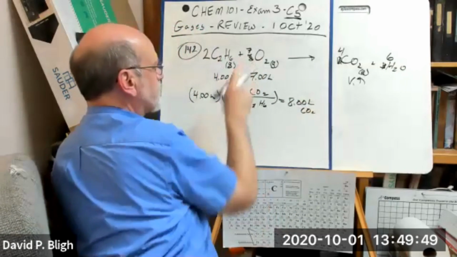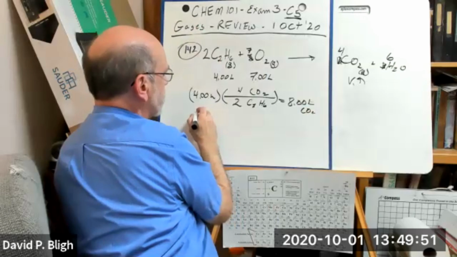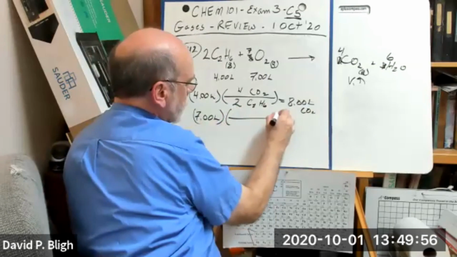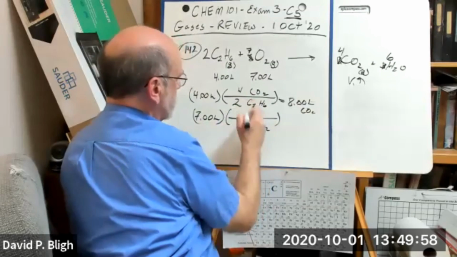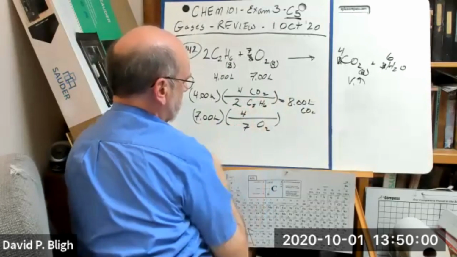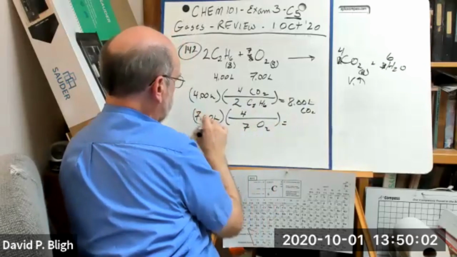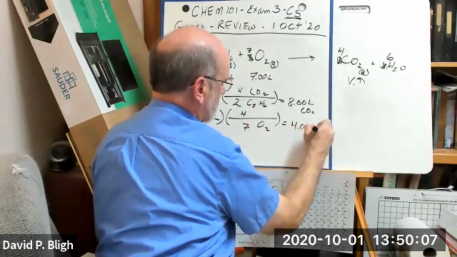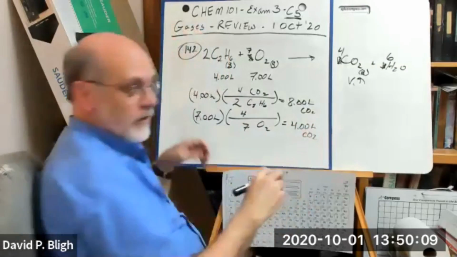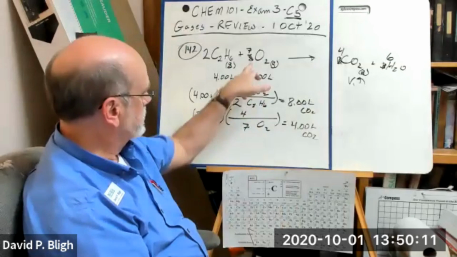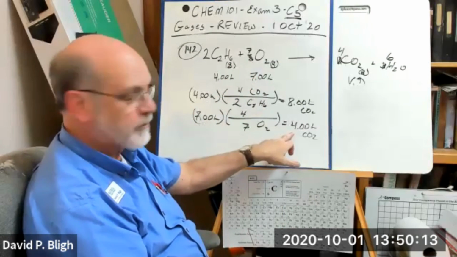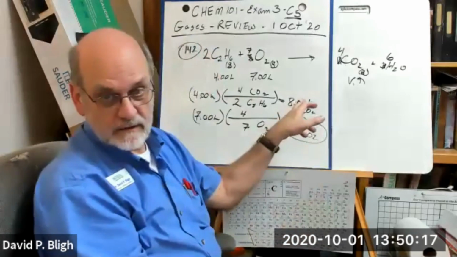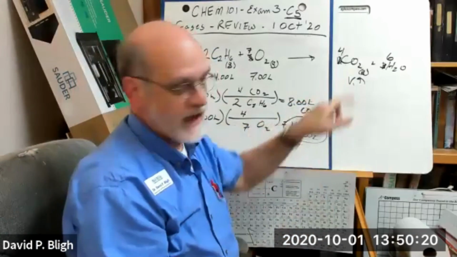But if we do oxygen, we have 7 liters of oxygen, and the conversion is 4 CO2 to 7 O2. So 7 cancels, and we have 4 liters of CO2. So the limiting reactant is oxygen, and we've solved the problem already. It's 4, the least amount. So that's the value for the volume.